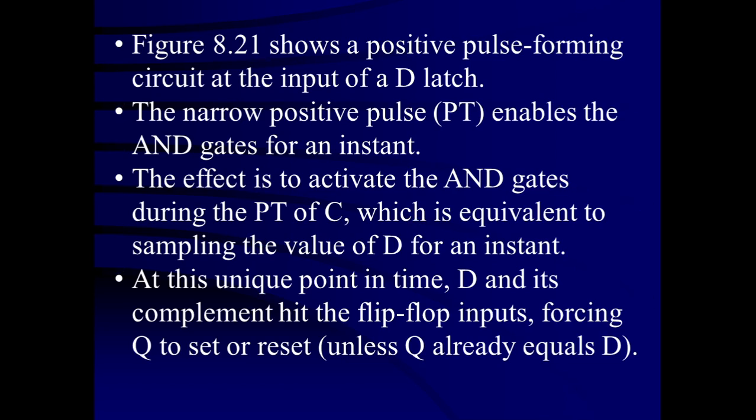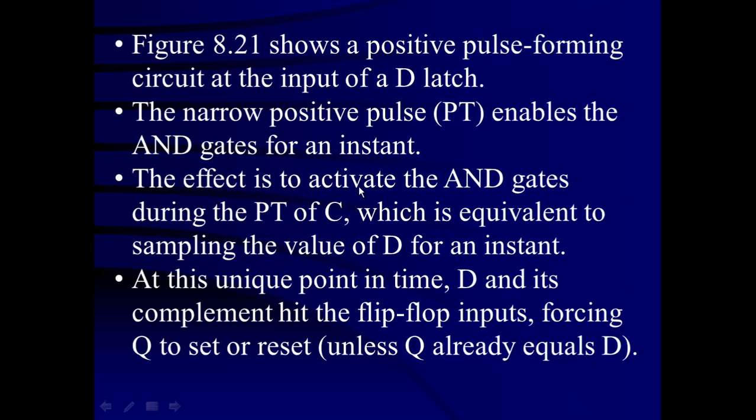This is again an edge-triggered flip-flop. It can be prepared as either a positive edge-triggered or negative edge-triggered D flip-flop. Figure 8.21 shows a positive pulse forming circuit at the input of a D latch. The narrow positive pulse enables the AND gate for an instant.